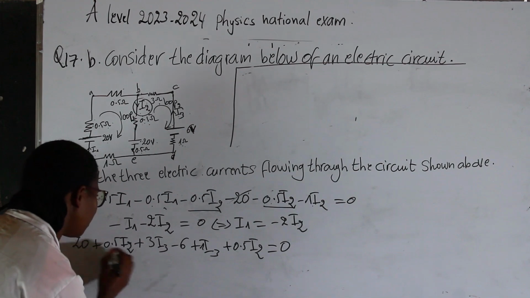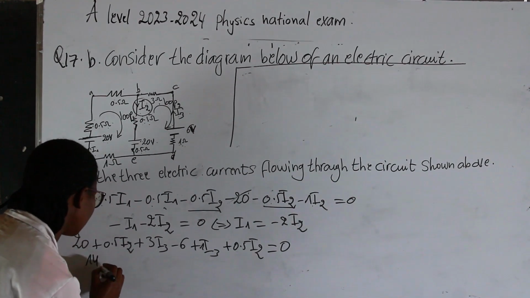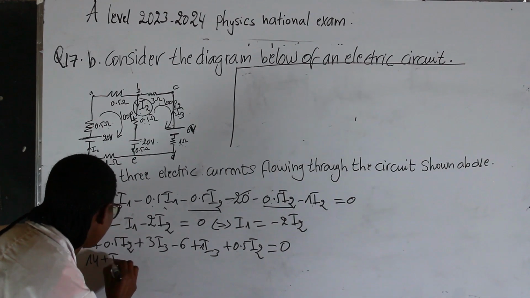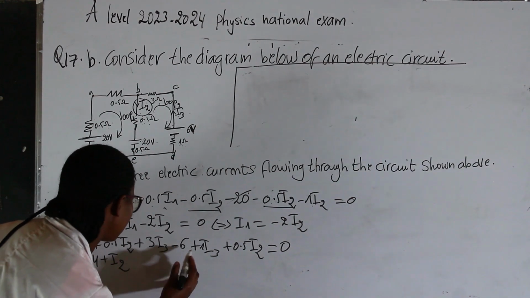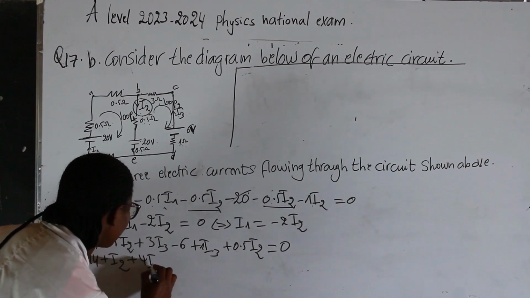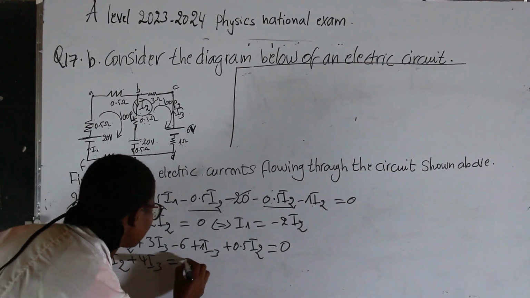Then here we will have 40 plus I2 plus 4 I3, which should be equal to 0.